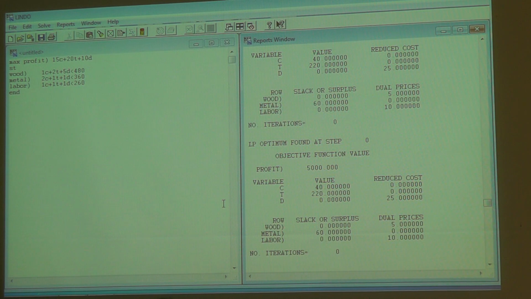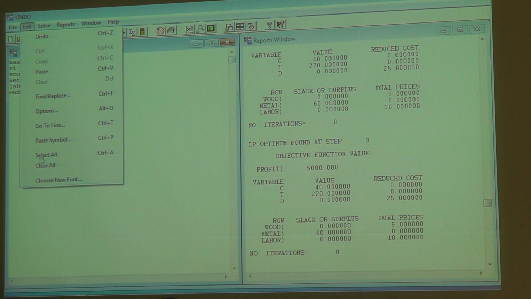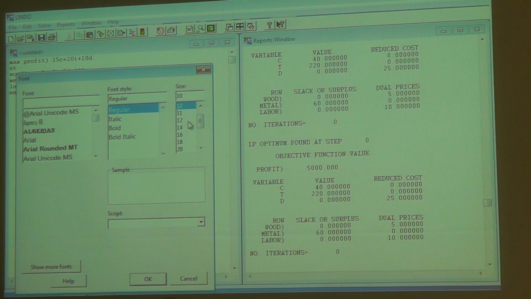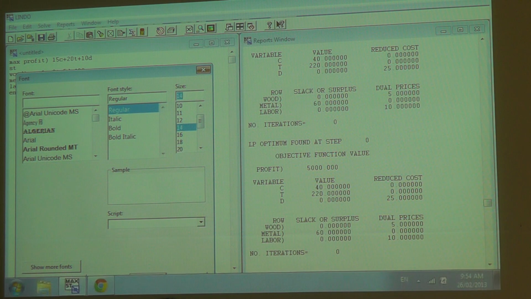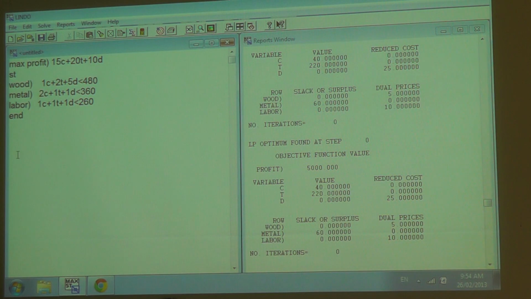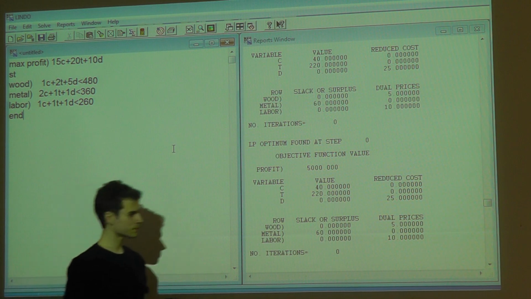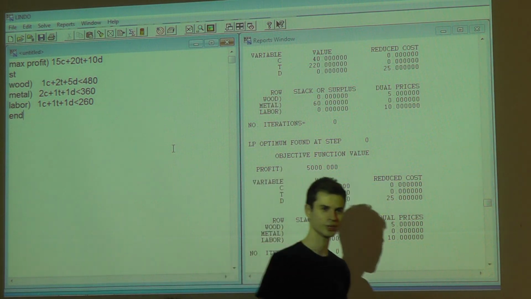Okay. So this is the problem, and I hope it's more readable now.